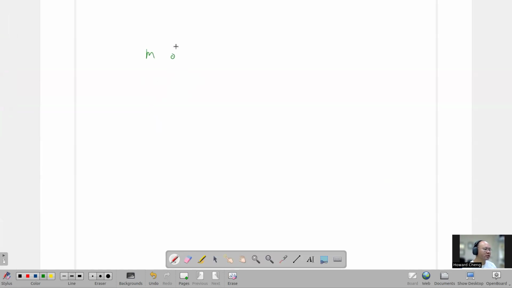With M objects, so M tiles, we can try all possible subsets of M tiles. Okay, you may say, well, what am I really talking about? Because there's so many of them, but let's ignore that for now.